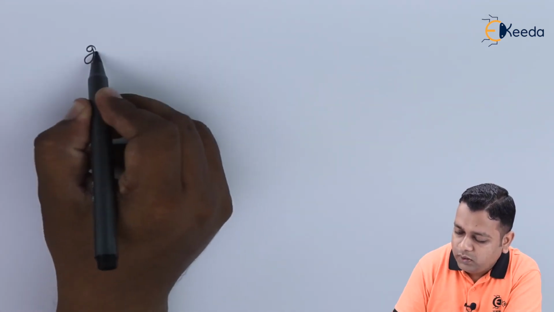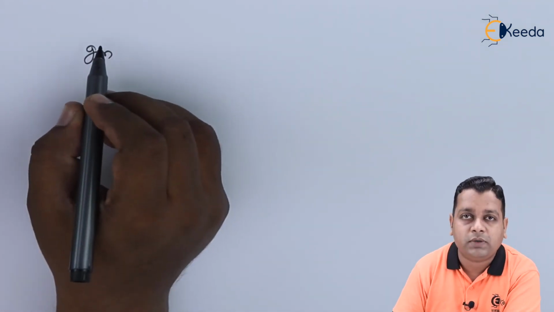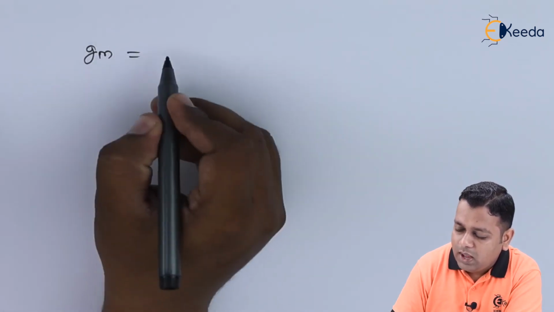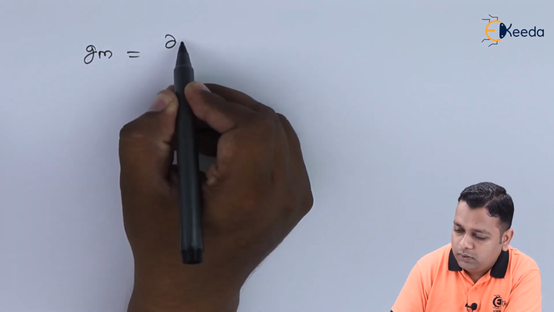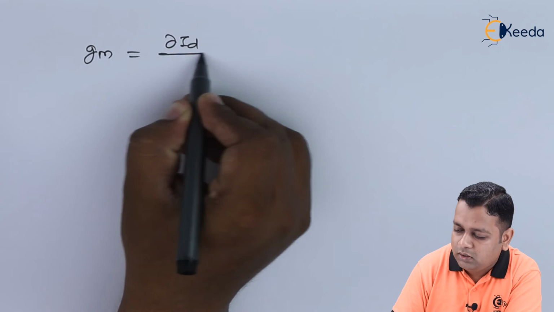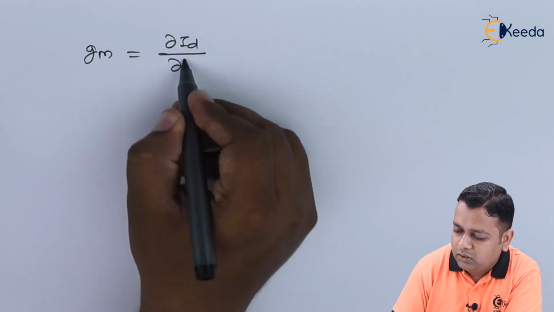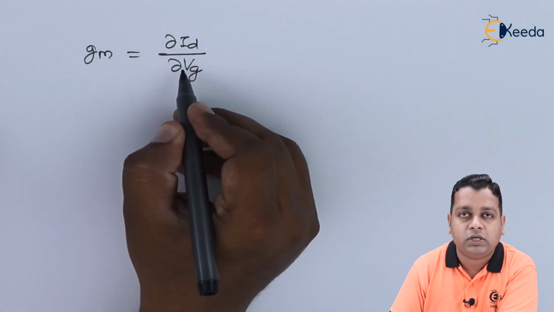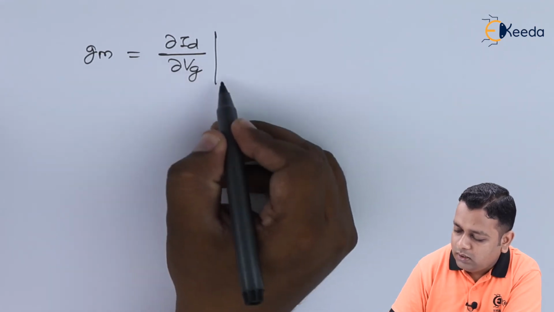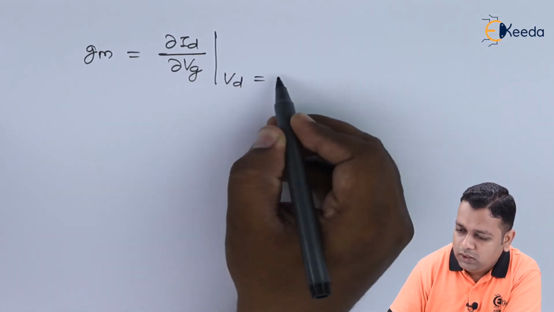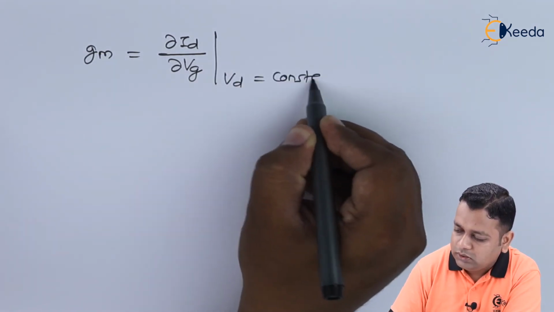So first of all we go for the linear region to compute the transconductance. The expression is given as the transconductance, represented by Gm, as the ratio of the differential of the drain current ID with respect to the differential of gate voltage Vg, provided that Vd is a constant value.